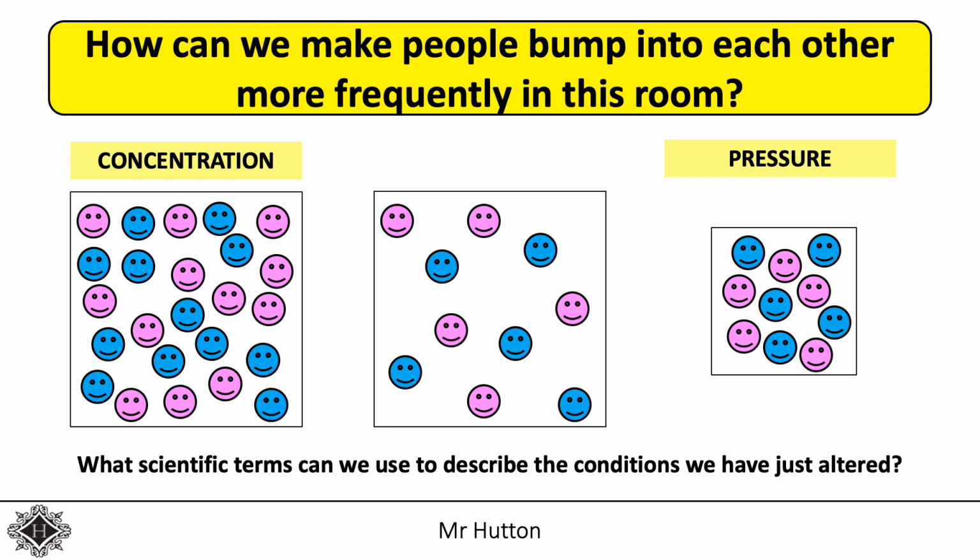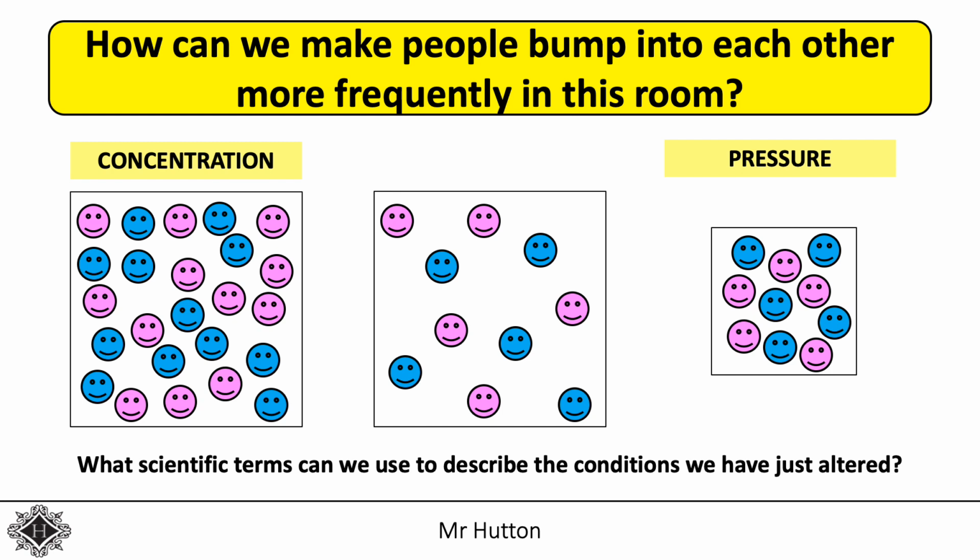Excellent. Concentration and pressure. So increasing the number of particles or the number of people in the room is changing the concentration. And increasing the pressure is by making that room smaller. And in both of these, we've influenced the number of particles per unit volume.